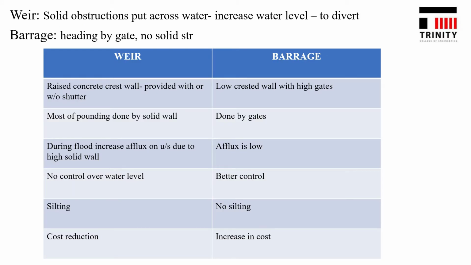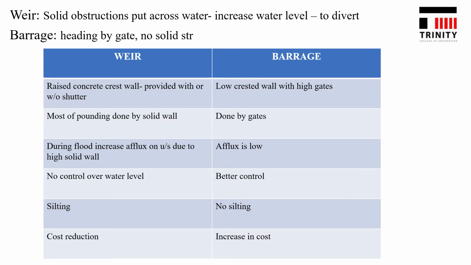Next, what is a weir? A weir is a solid obstruction that is put across the water to increase the water level and to divert the canal. If it stores water for a shorter period, it is called a storage weir. It is similar to a dam, but the difference is the storage period and the height. Now, what is a barrage?